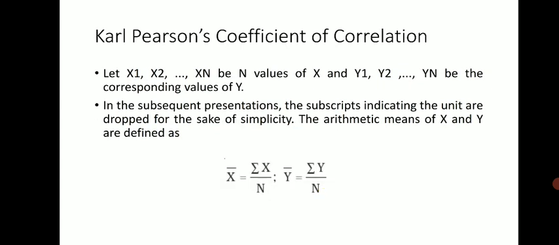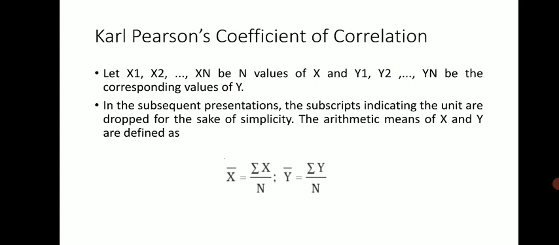Let x1, x2 up to xn be the n values for x, so these are the values of x: x1, x2, x3, x4 up to xn. Similarly y1, y2, y3, y4 up to yn are the corresponding values for y. In the subsequent presentation the subscripts indicating the unit are dropped for the sake of simplicity.